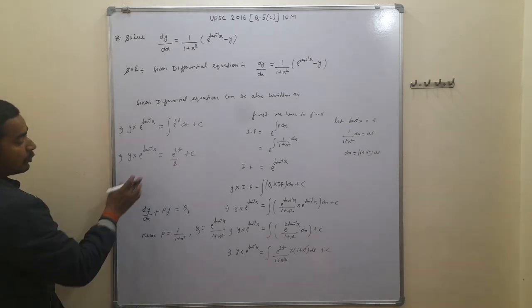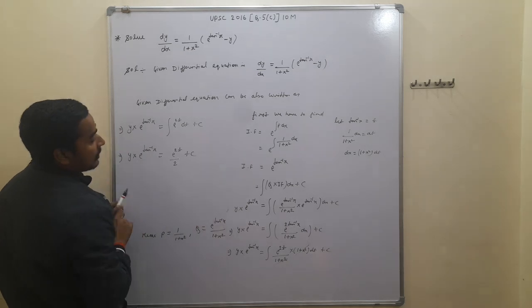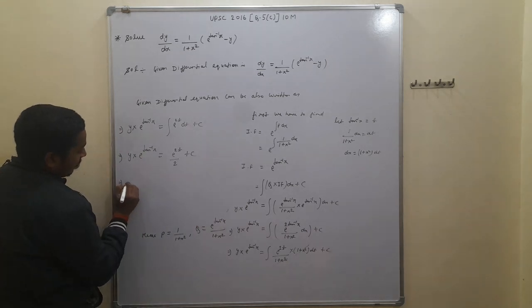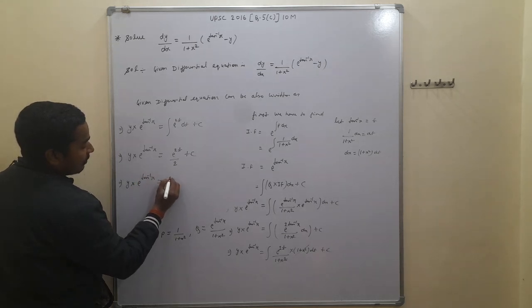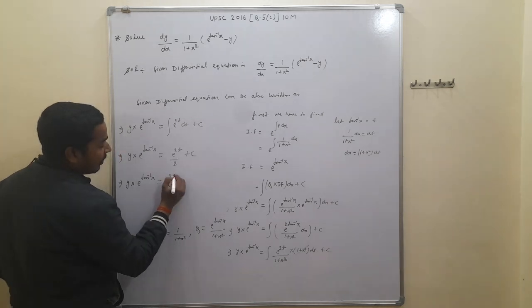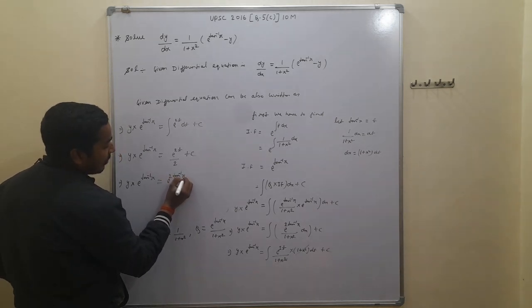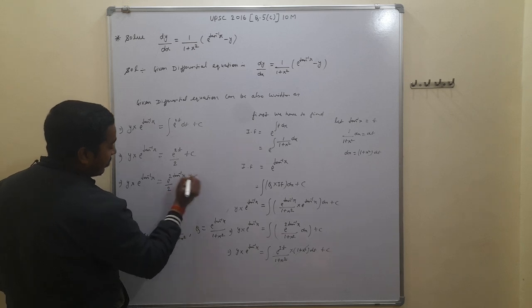Further we have to put the value of t here. Earlier we let tan inverse x is t, so y into e to the power of tan inverse x is equal to e to the power of 2, in place of t we put tan inverse of x, upon 2 plus c.